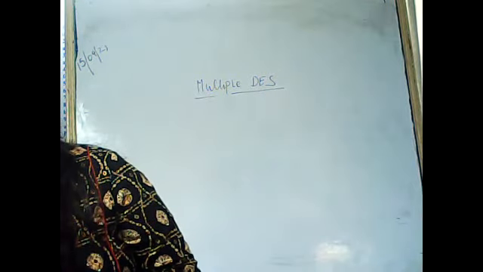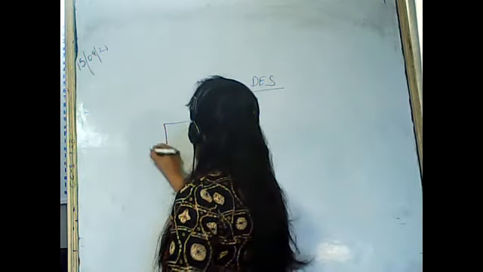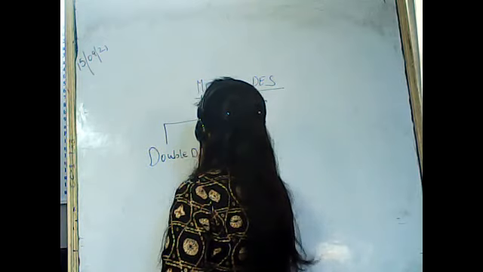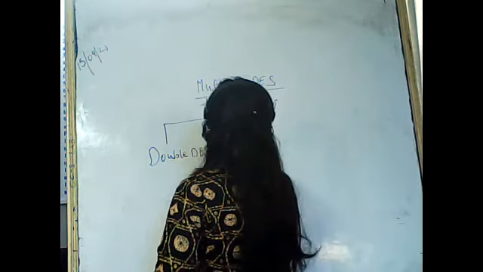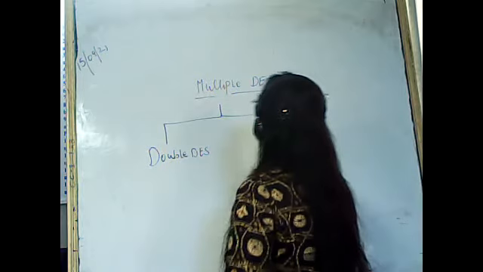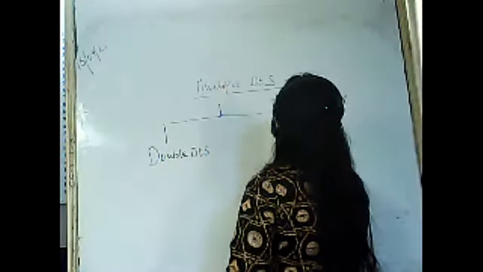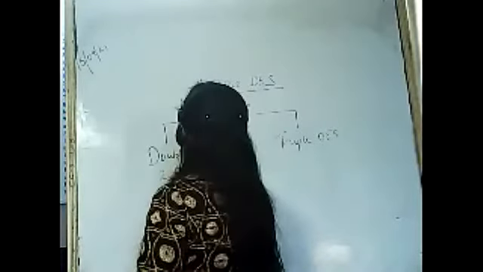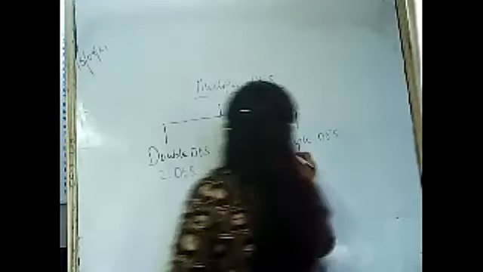Multiple DES says that we basically have two types of DES here: double DES, and the other one is triple DES. They are also known as 2DES and 3DES.